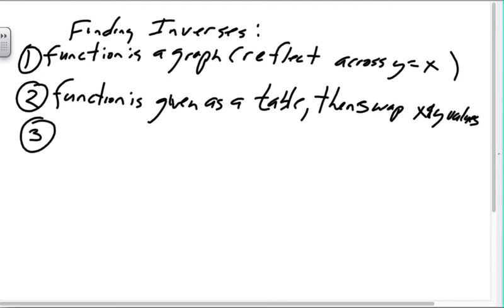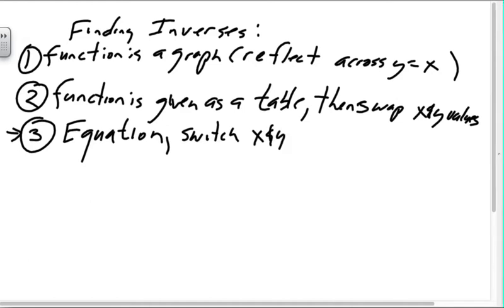In part 3 then, if you're given an equation, and this is where we will be working in this course, is on the equations. You switch x and y, then solve for y. Okay, I'm going to have one difference from the book.